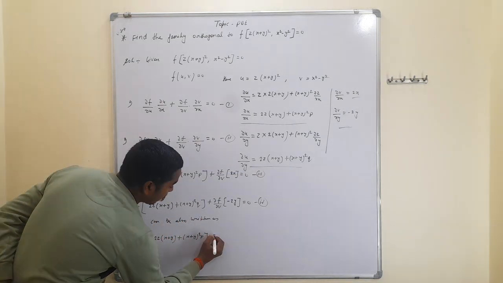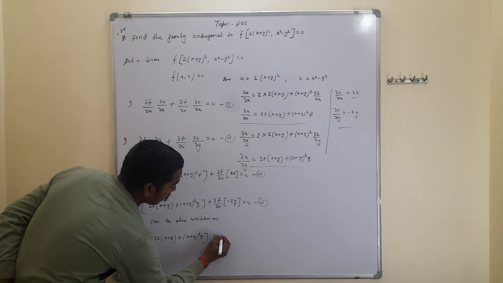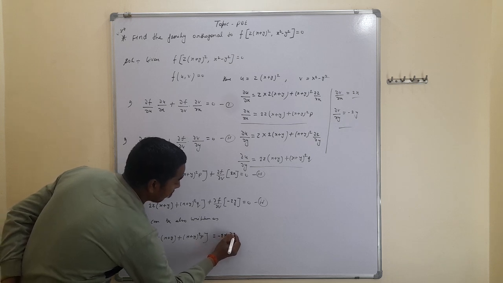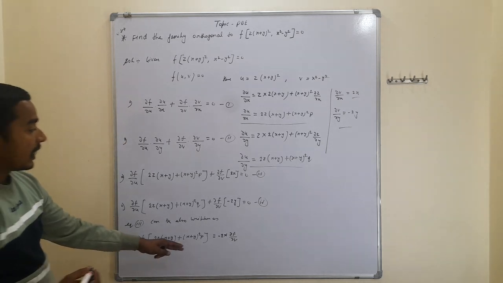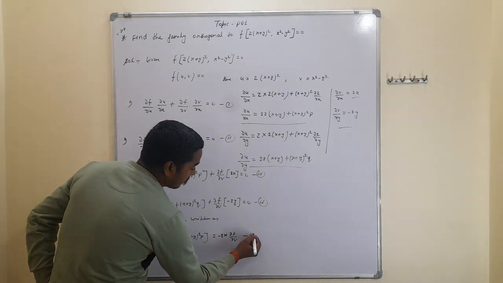This is minus 2x del f upon del v, and we let this be equation 5th.